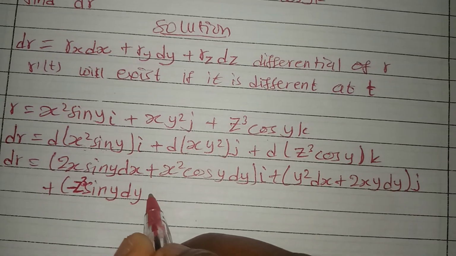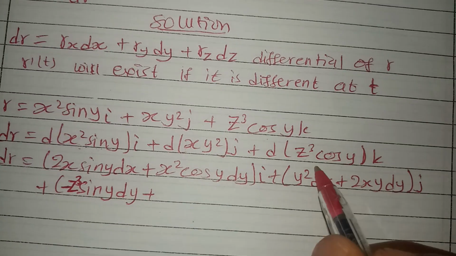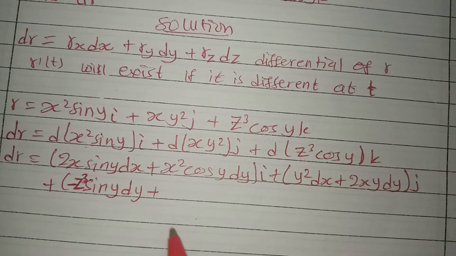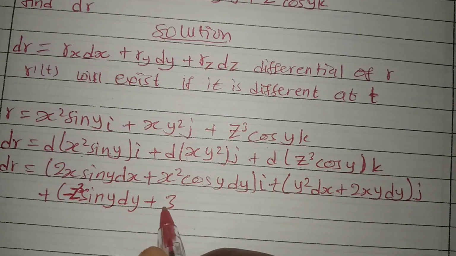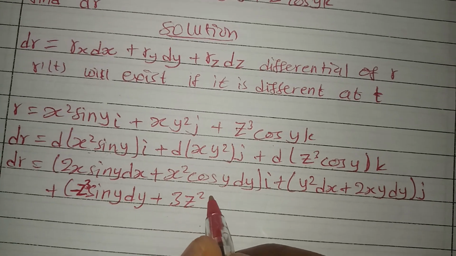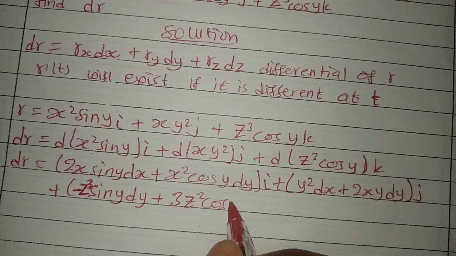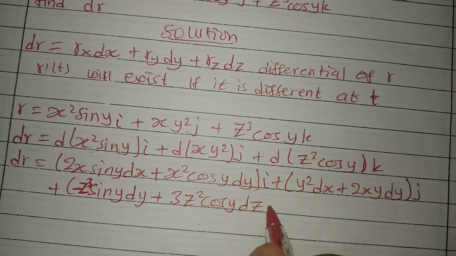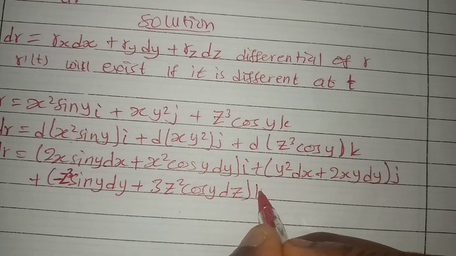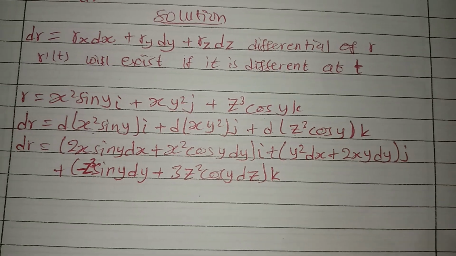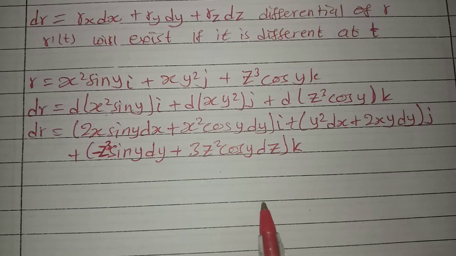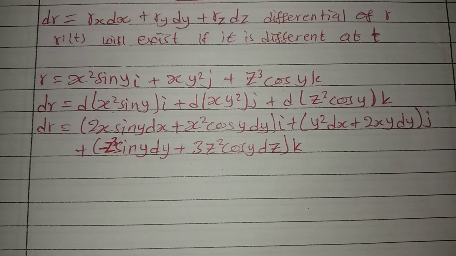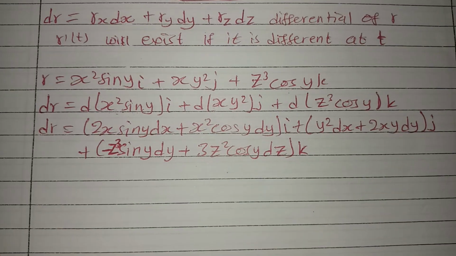Then plus, this time I'm keeping this and differentiating with respect to z, so that will be 3z exponent 2 cos y dz. Then you add the vector, which is k, to it. So this is how to go about it.